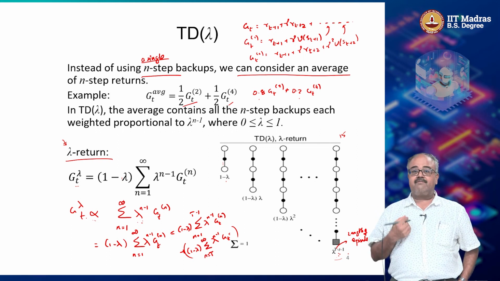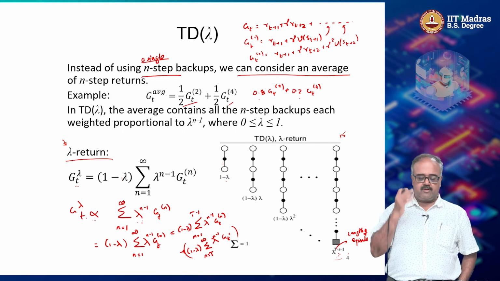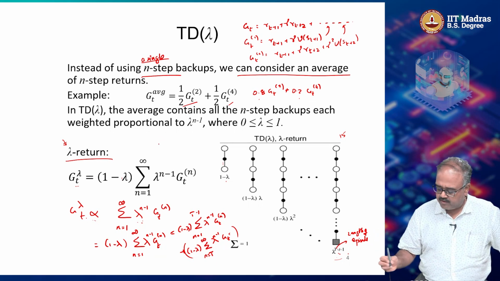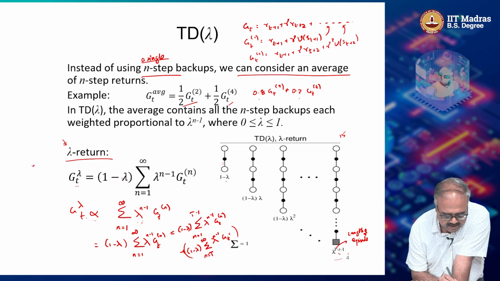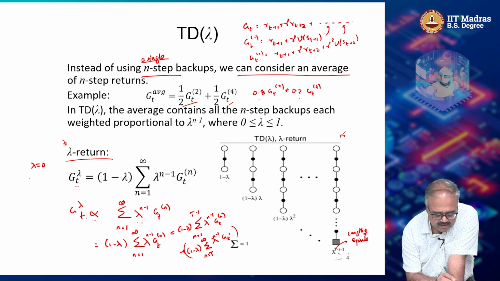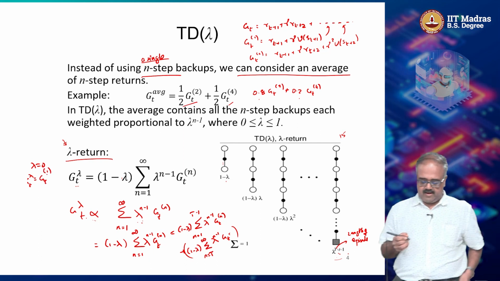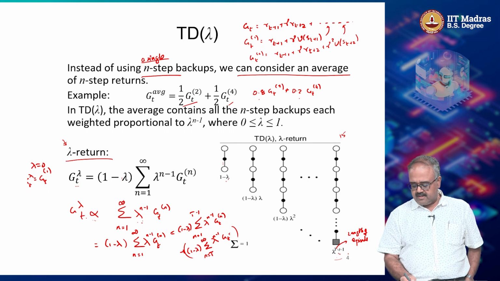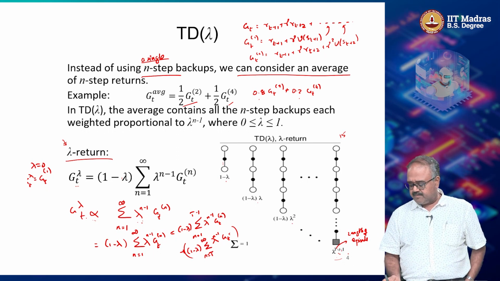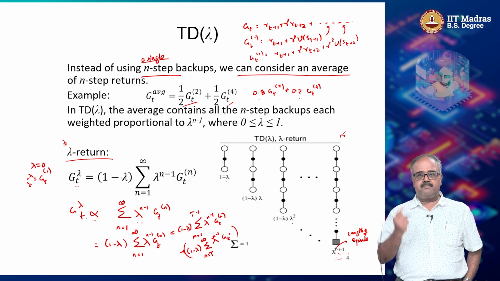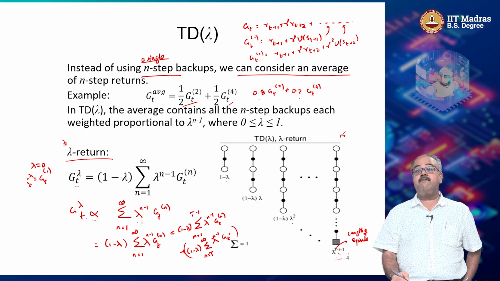So, now that we have this, we can think about what happens. If I set lambda equal to 0, my G_t^lambda is equal to G_t^1. Everything else becomes 0 and all the weight, basically weight of 1, falls on the one step return.